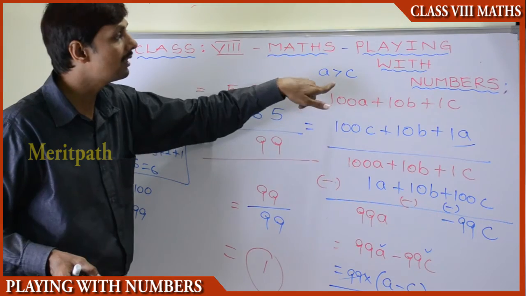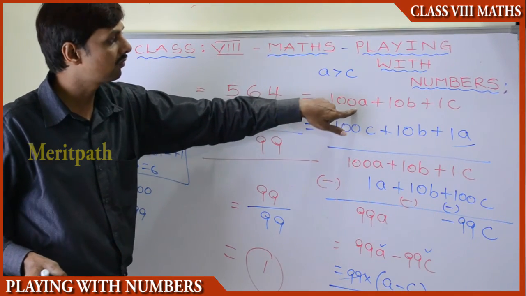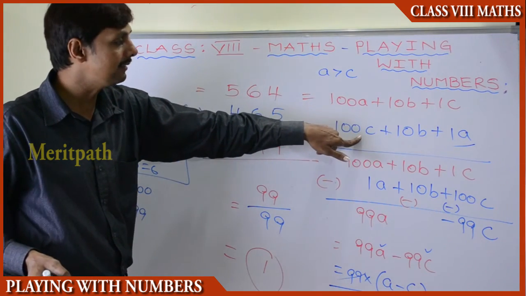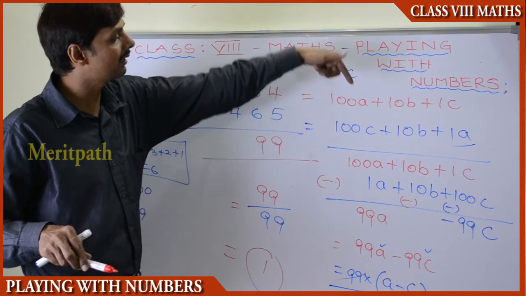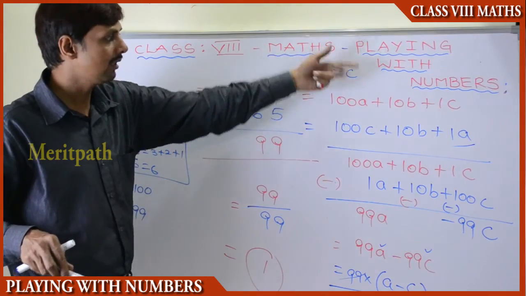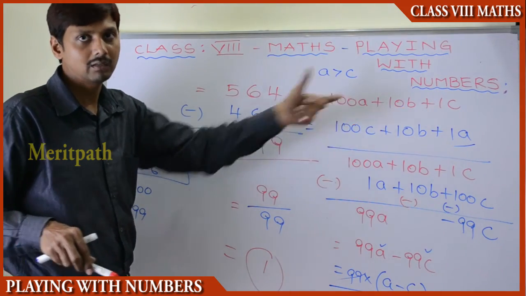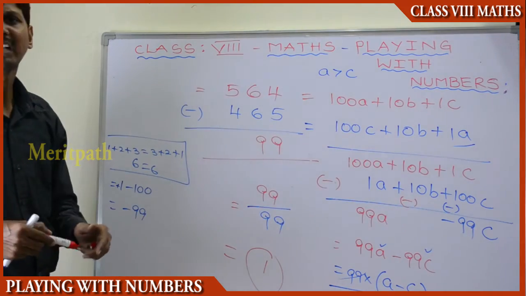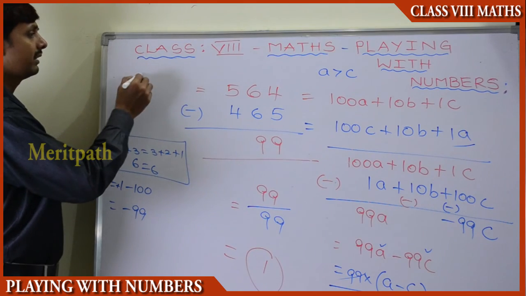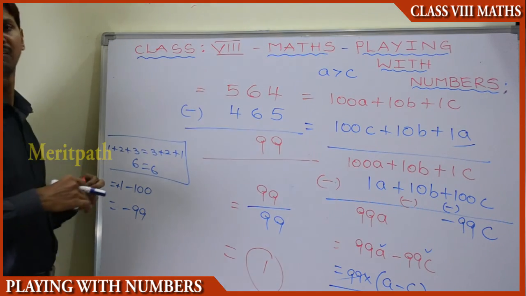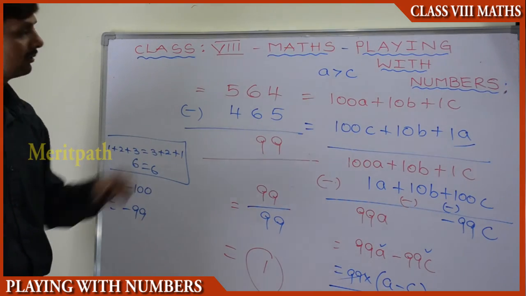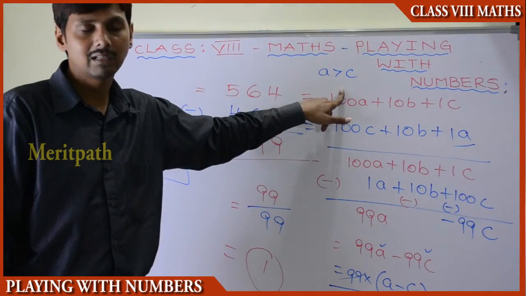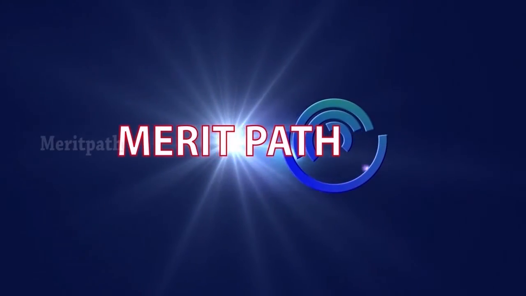That is the reason A is greater than C, so from A we have subtracted C. If C is greater, then we take C in the numerator, and A will be subtracted. Like here, 563 and a number 465, then we get 564. So from the greater number we subtract the lesser number. That's the reason here A is greater than C.